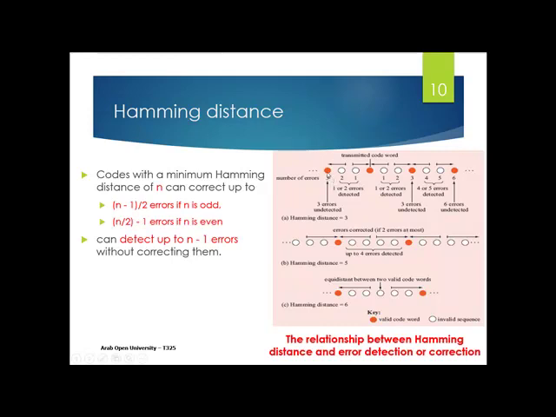Suppose that there are 2 bits in error during the transmission. So this value will be moved to this value. The first error will move it here, and the second error will move it here. So the receiver will receive the value. While receiving, first it will check if there is an error. Since this value is not among the correct code words, the receiver will detect that the received code word is incorrect. So we can detect the error.